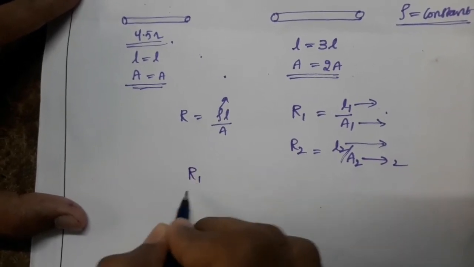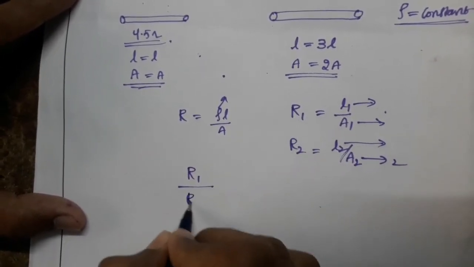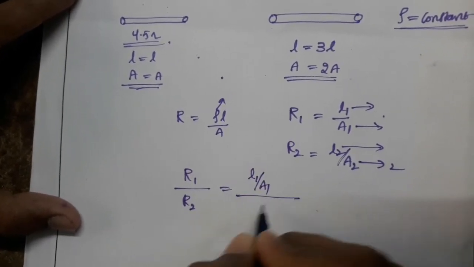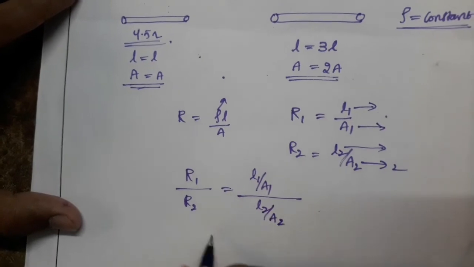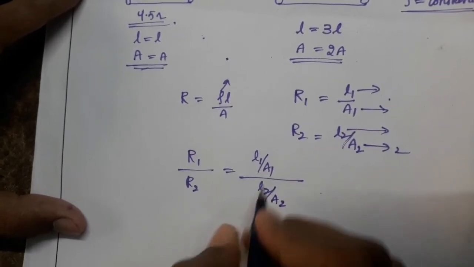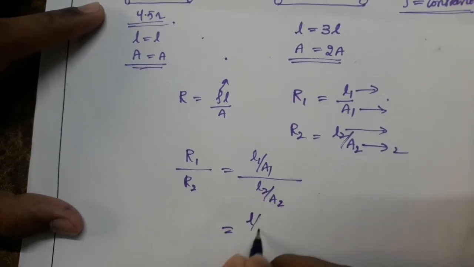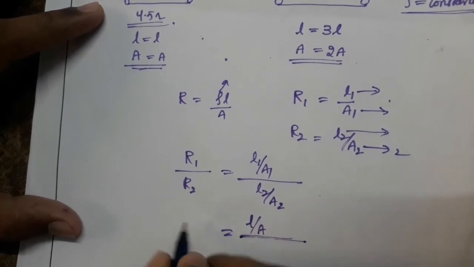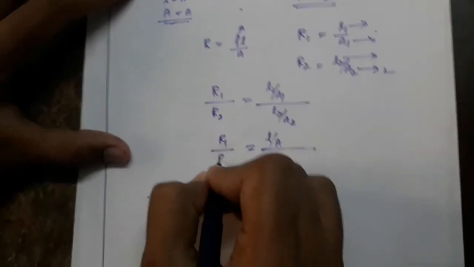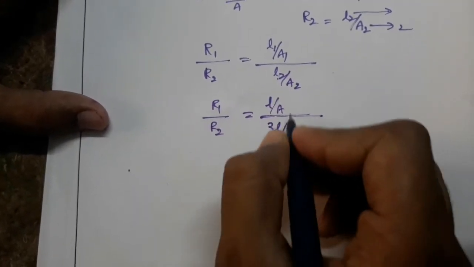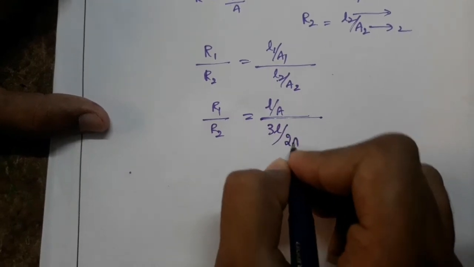So by taking the ratio, R1 by R2 equals L1 by A1 divided by L2 by A2. We know L1 equals L and A1 equals A. L2 equals 3L, A2 equals 2A.